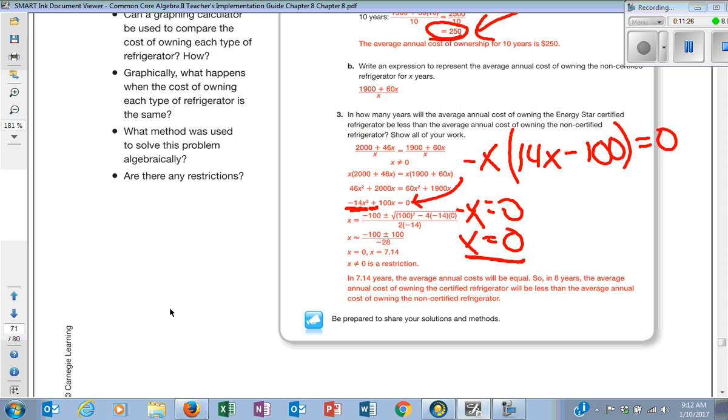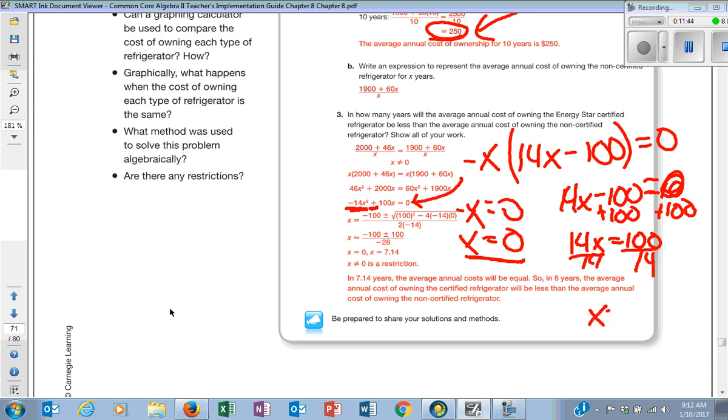Well, duh, that makes sense. Or I can take 14x minus 100, set it equal to 0. I add 100, 14x equals 100, divide by 14, and x equals 7.14.